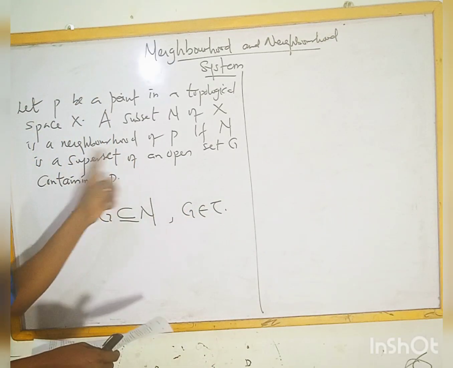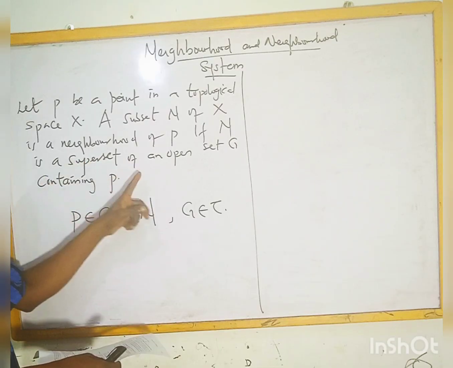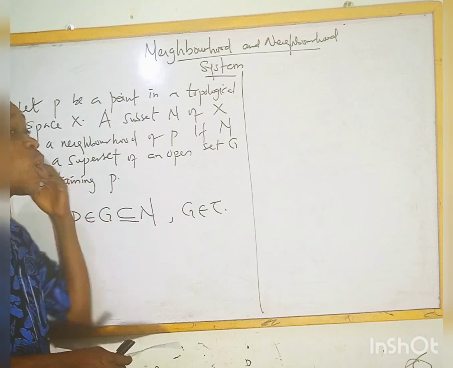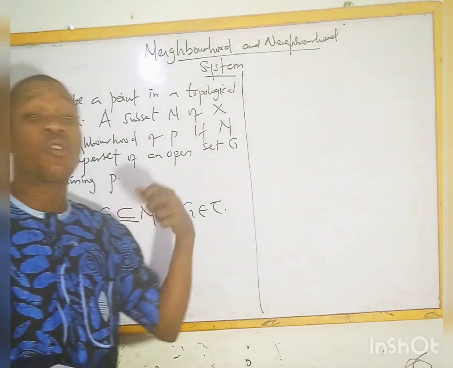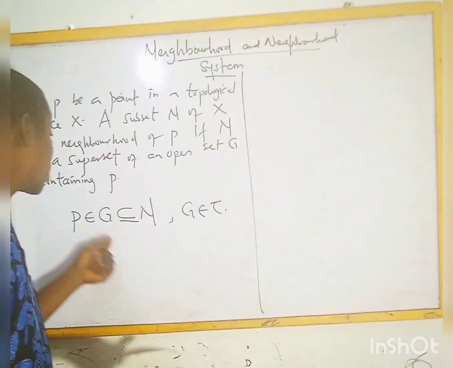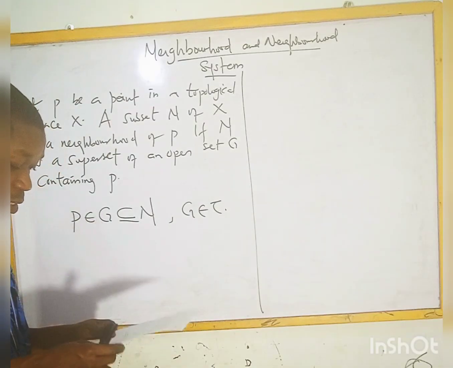So N is a superset of an open set G containing P, and that is why we call it a neighborhood.